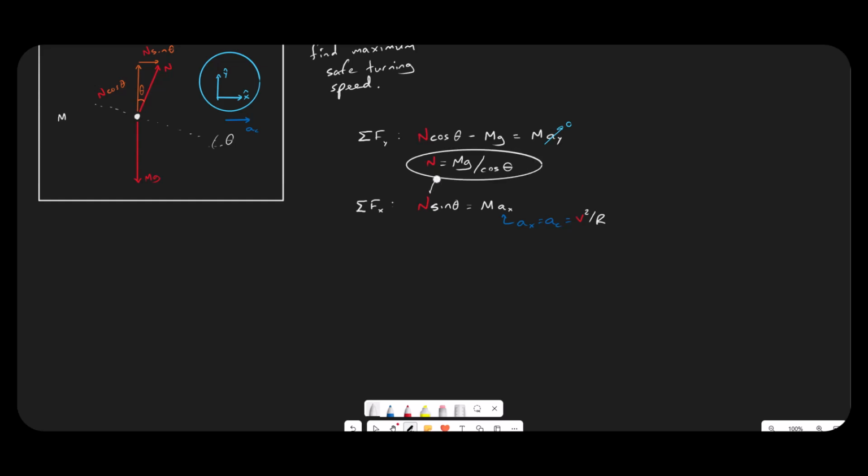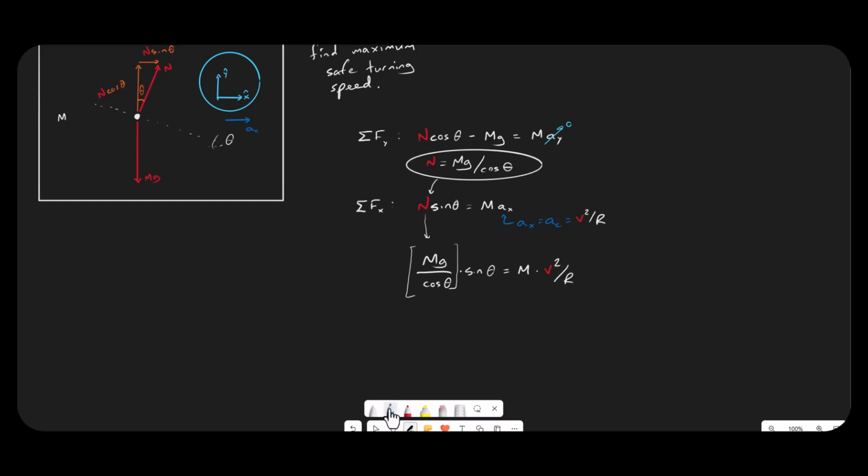I can plug that in here. That gives me mg over cosine theta, that was my normal force, times sine theta equals m times v squared over r.